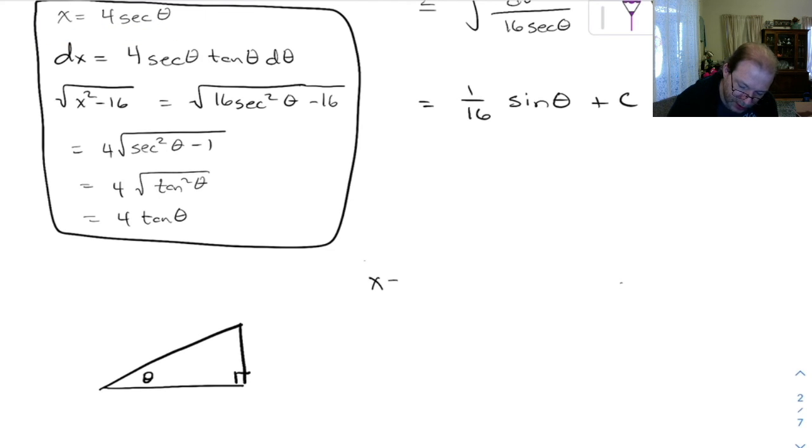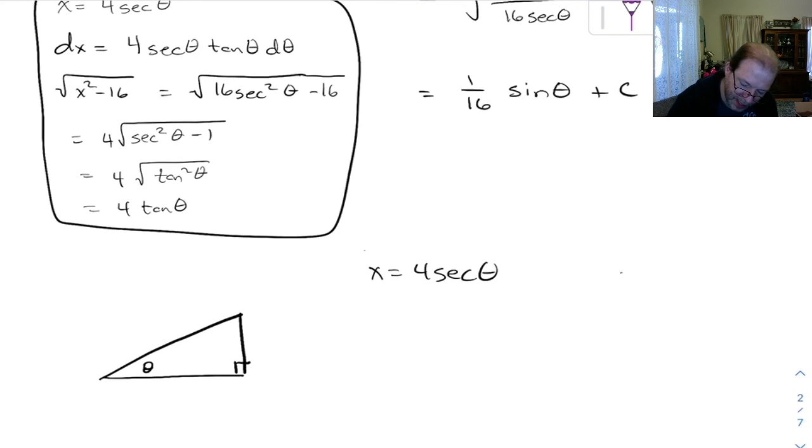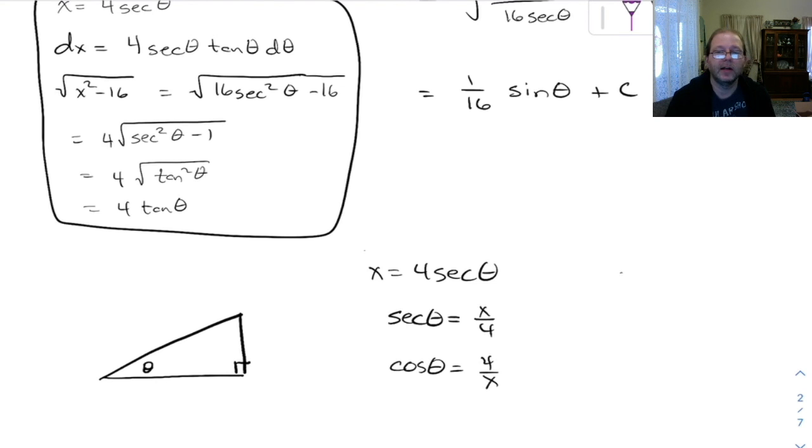So if you take x equals 4 secant theta, you can rewrite that as secant theta is x over 4, or cosine theta is 4 over x. Now remember, cosine is adjacent over hypotenuse, so that means my adjacent side is 4, my hypotenuse is x, and that makes this side over here the square root of x squared minus 16.